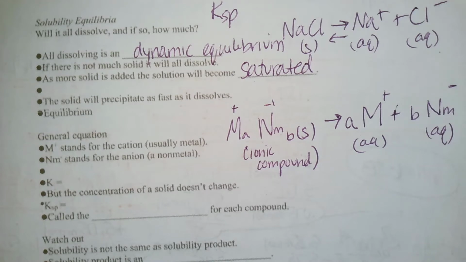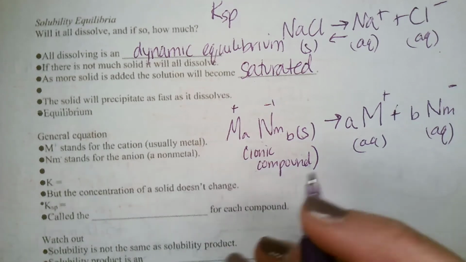If we wanted to express this equilibrium in terms of an equilibrium constant, K, we have practiced for months now. Our journey began with Kc for the concentrations, Kp for pressure, Ka for acids, Kb for bases, Kw for water.